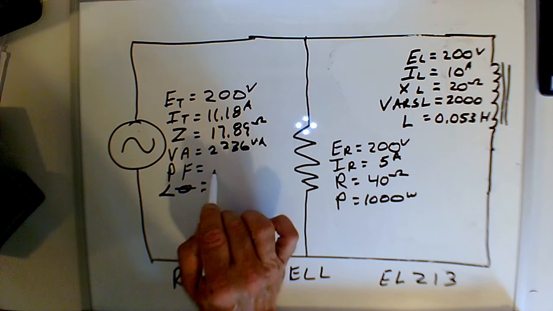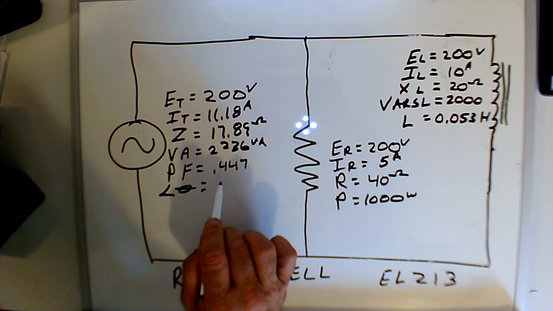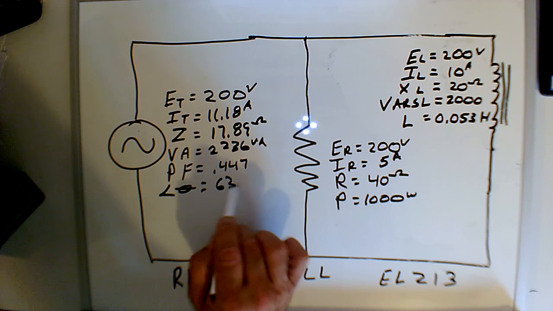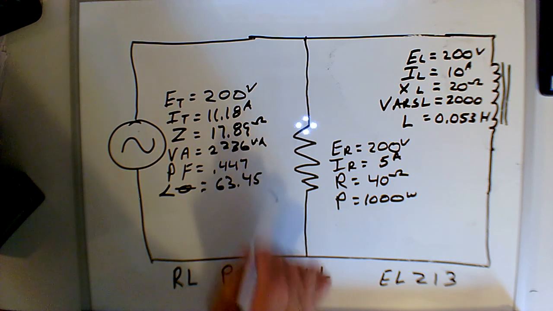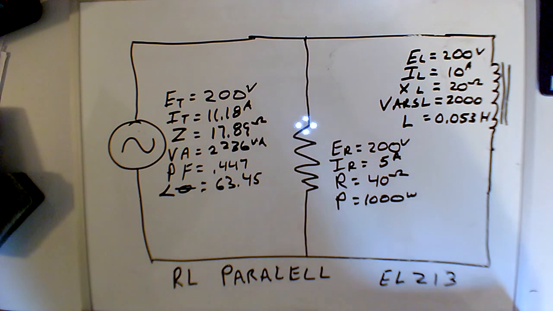And now I can write those two back in here. 0.447 is my power factor, and my angle is 63.45. Remember, the angle can never be greater than 90, and the power factor can never be greater than 1. We can't have that.